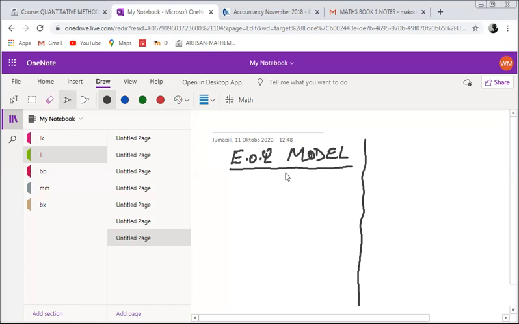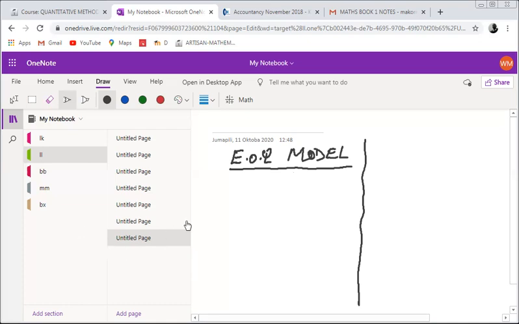Therefore, there is a need to strike a balance on the amount that we should order and hold at any given point. So this EOQ model gives us an indication of the amount of inventory we should order at any given time so that the total inventory cost is kept at a minimum.